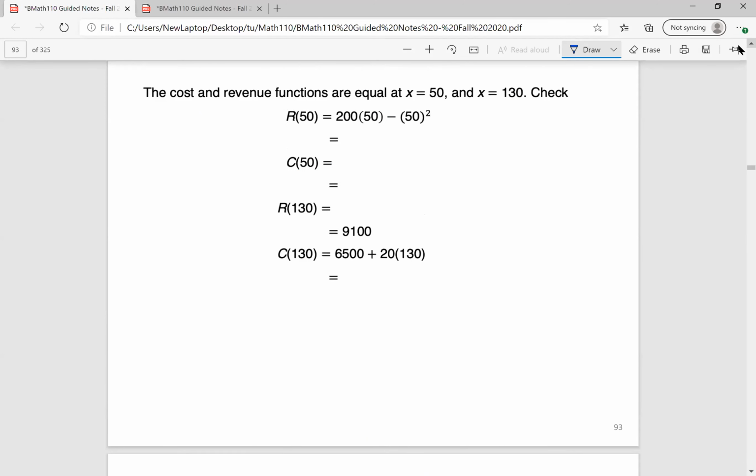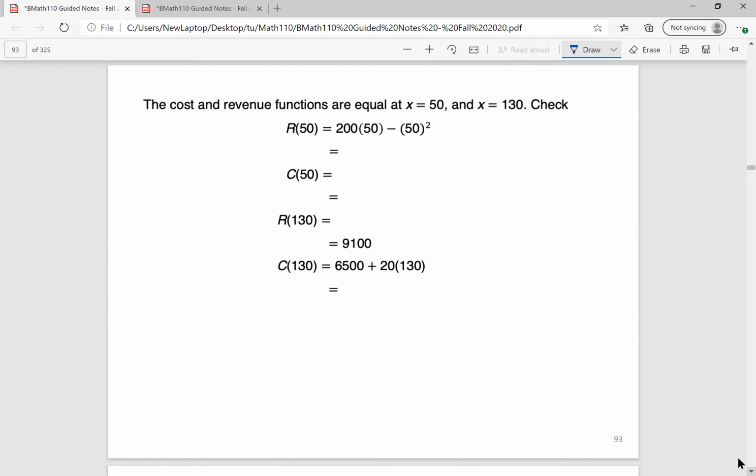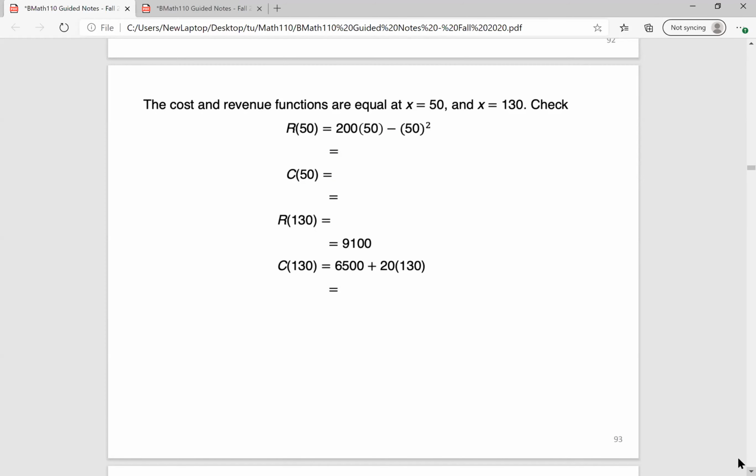So let's move down a little bit. I have the cost and revenue functions equal at x equal to 50 and x equal to 130. So we want to check that the revenues and the cost are equal to each other.